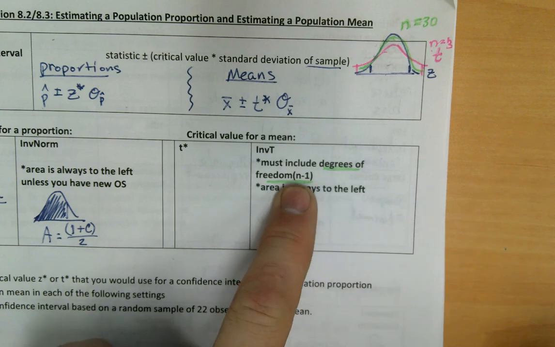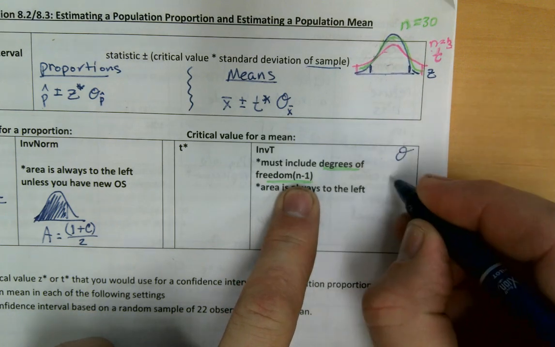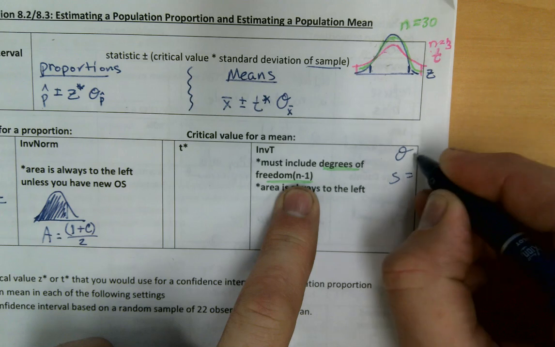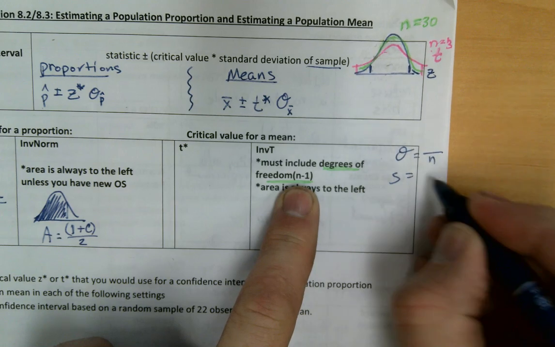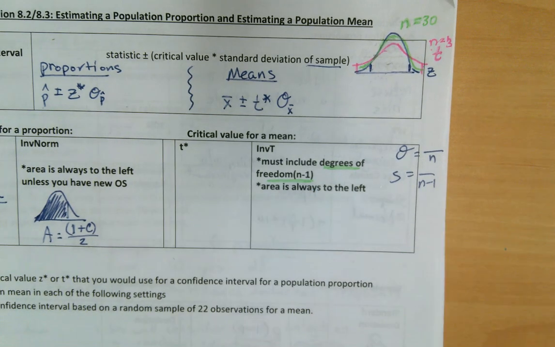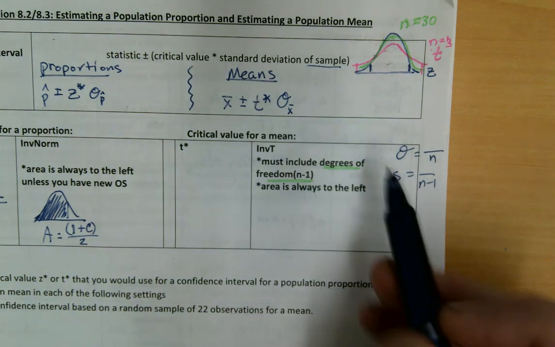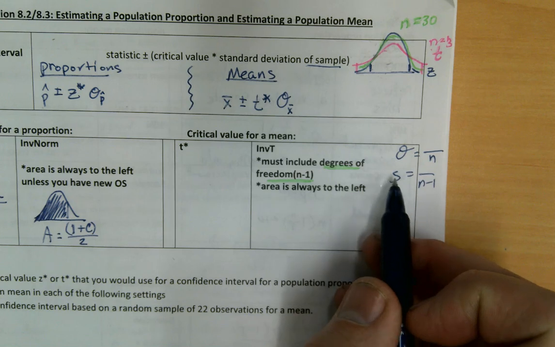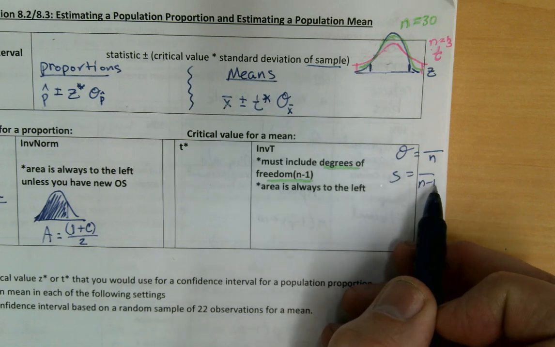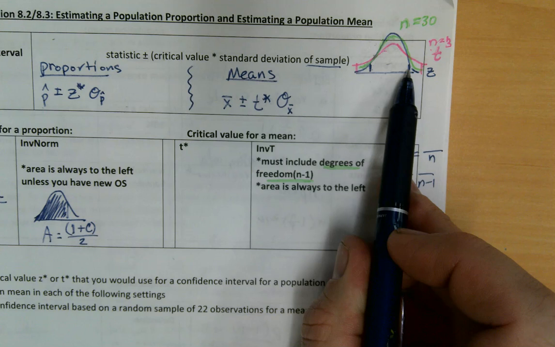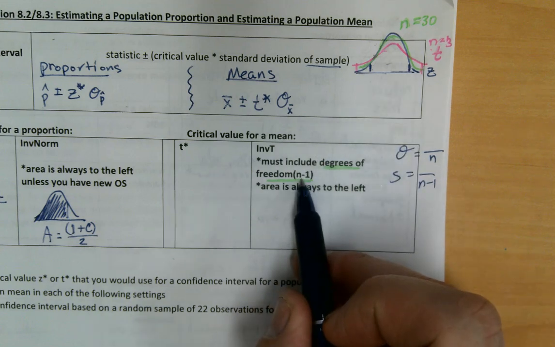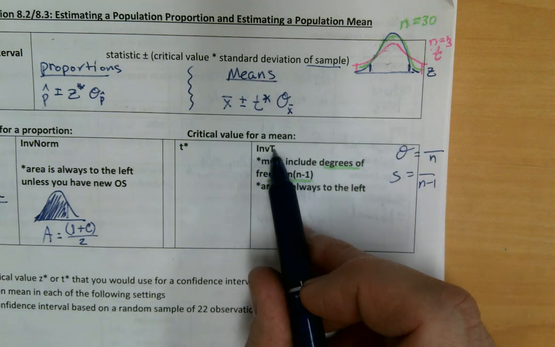I don't know if you remember that, back to standard deviation of the population versus standard deviation of the sample. This was divided by n, this was divided by n minus 1. We were finding that standard deviation. And so just like when that sample standard deviation was divided by n minus 1, my t-distribution has n minus 1 degrees of freedom.